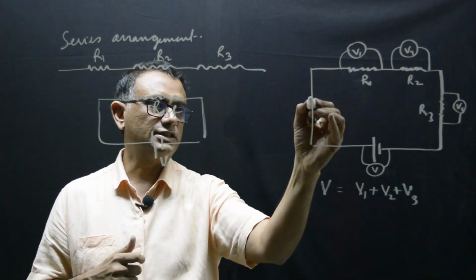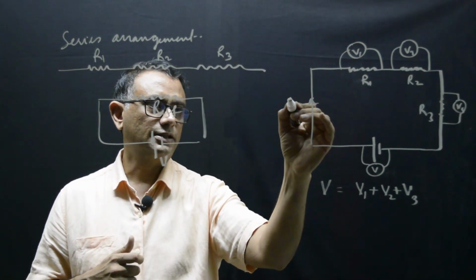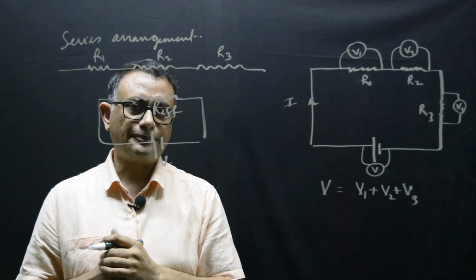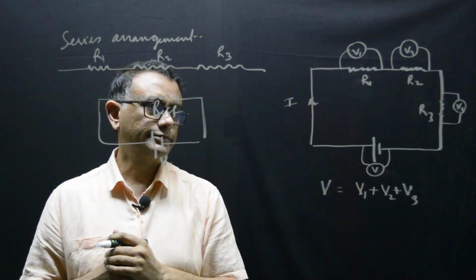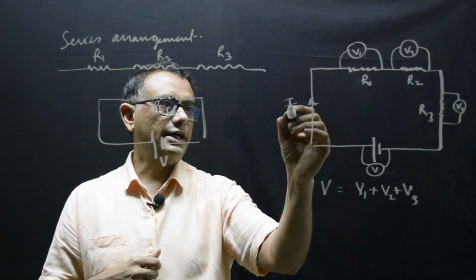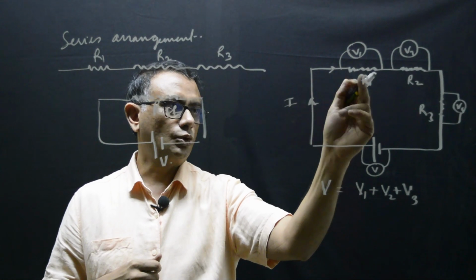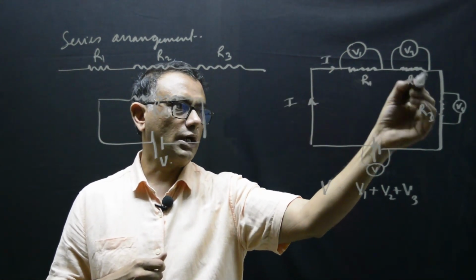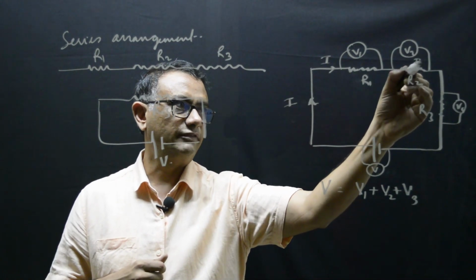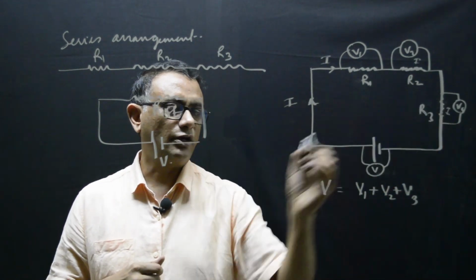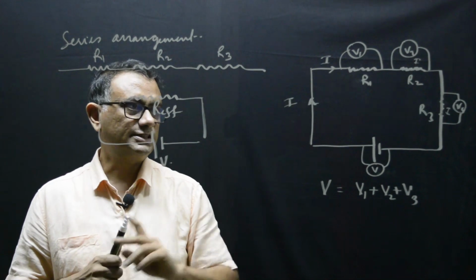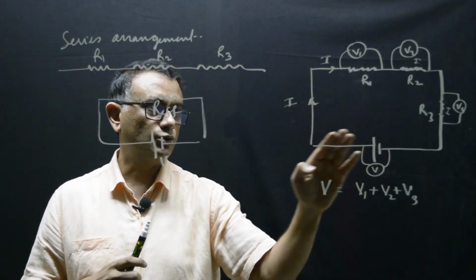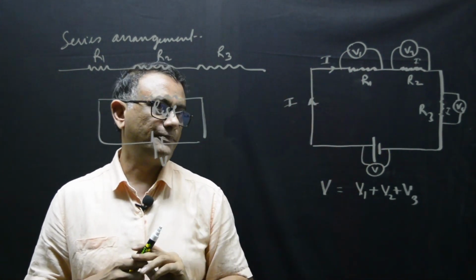We will go with this concept, V is equal to V1 plus V2 plus V3, and then we will examine what V1 will be. If we assume that the current I is passing through this circuit, then this I is going to go through R1, and the same I is going to go through R2 and R3 as well. In fact, that is one other way of identifying a series circuit, because the current flowing through the resistances will be the same.